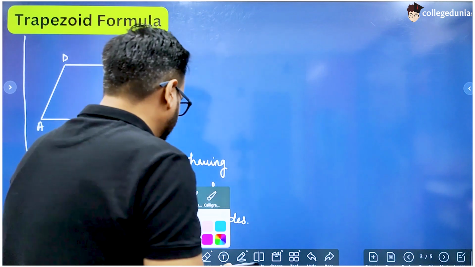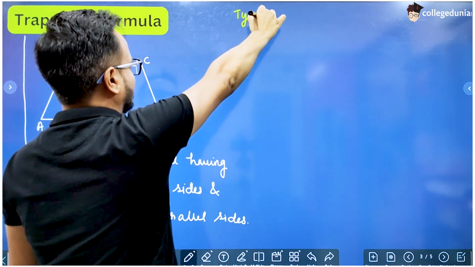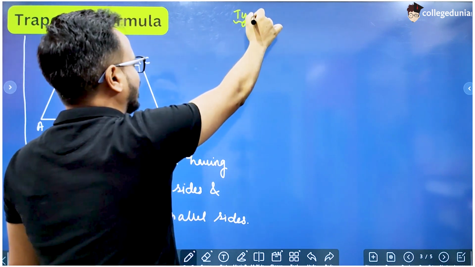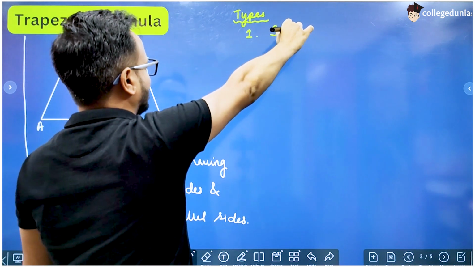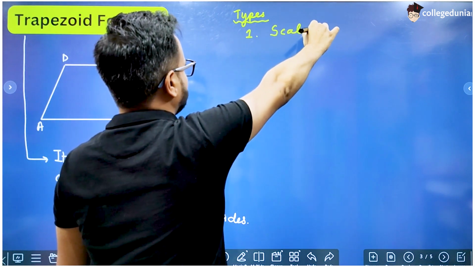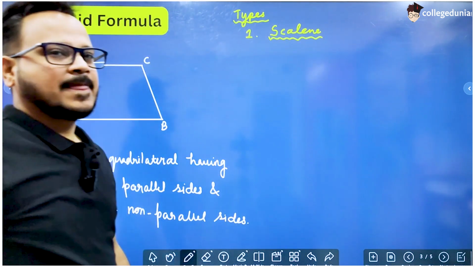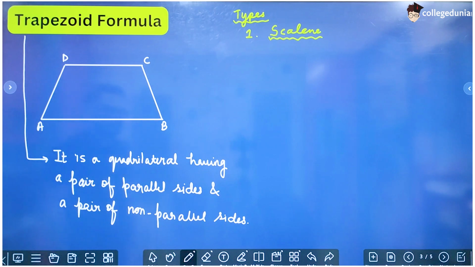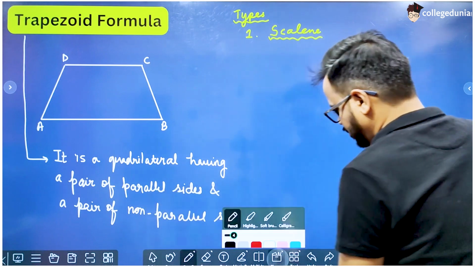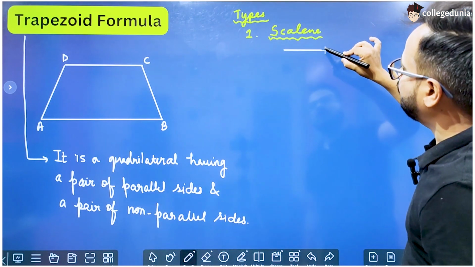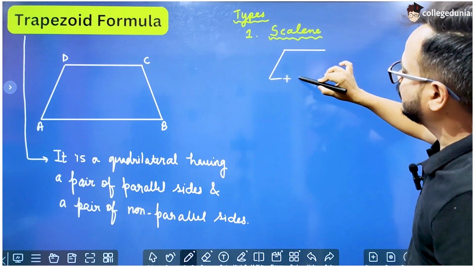So, types of trapezoids. The first type of trapezoid is simply the scalene trapezoid, which means having all four sides of different lengths. A trapezoid having all four sides of different lengths, like this one.